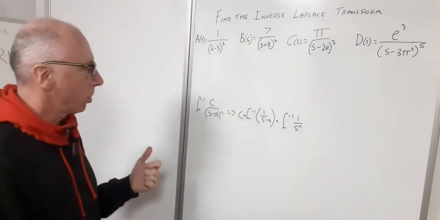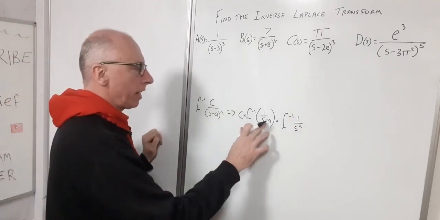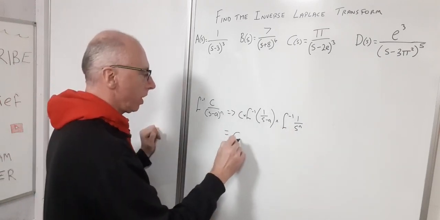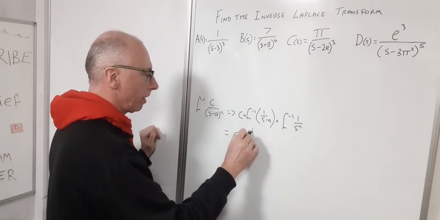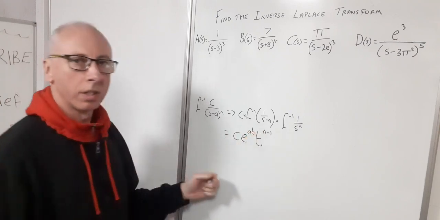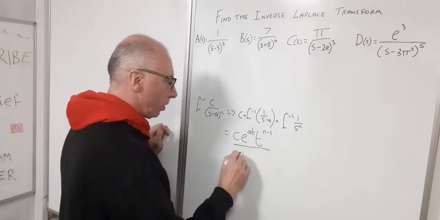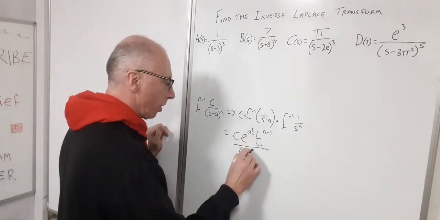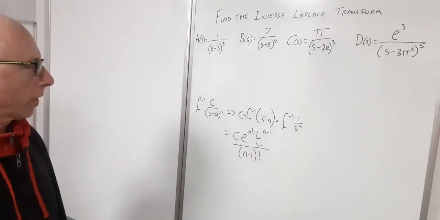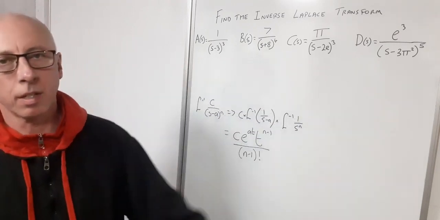And then our generic result, when we do this, using our c, a and our n throughout, gives us c times e to the at, and then t to the n minus 1, so that's where our n will come in, and then this is all divided by n minus 1 factorial.